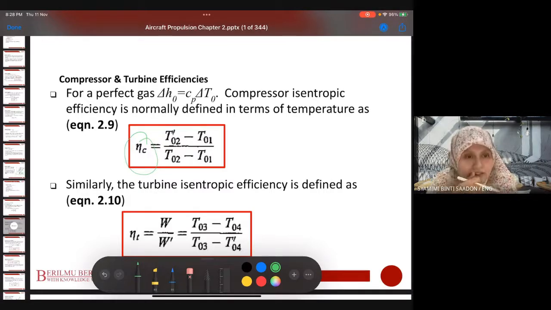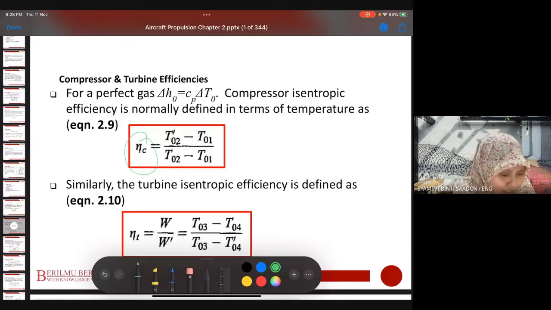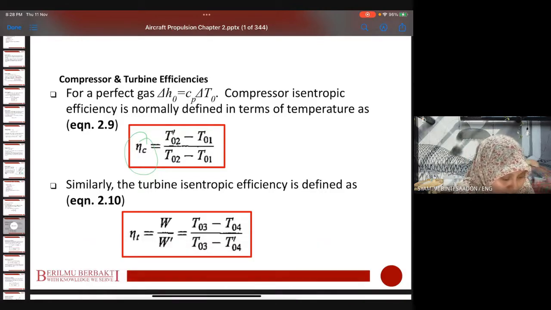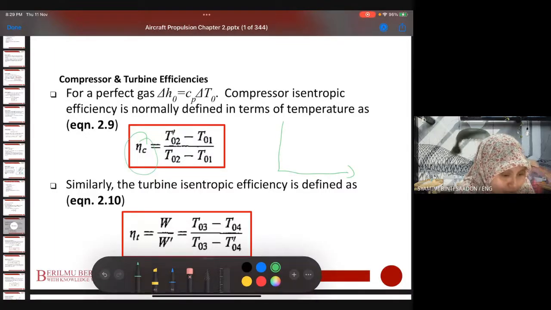Above is the ideal case, and below the denominator is the real case. So the ideal over the reality.